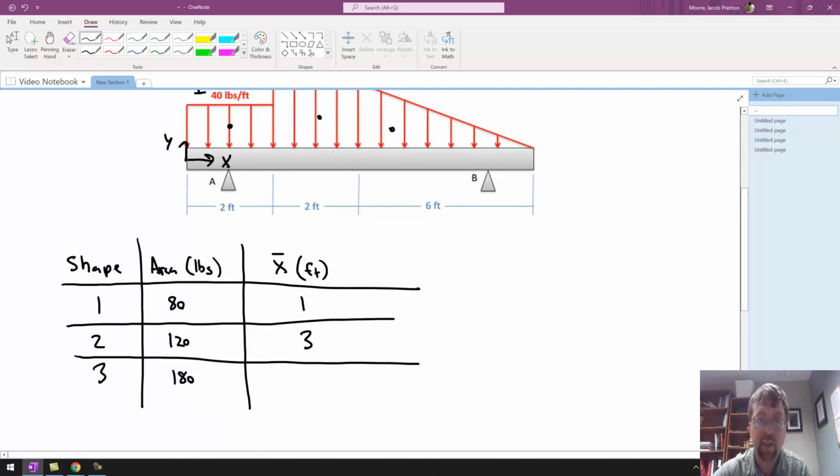And then finally, to get to the center of the triangle, I have to go 4 feet out just to get to the edge of the triangle. So here's the right angle in my right triangle, and I have to go 1/3 of the way out in my triangle. I can look that up in my centroid table. So 1/3 of 6 is another 2 feet. So 2 feet plus 2 feet plus another 2 feet. It is 6 feet to get out to the center there.